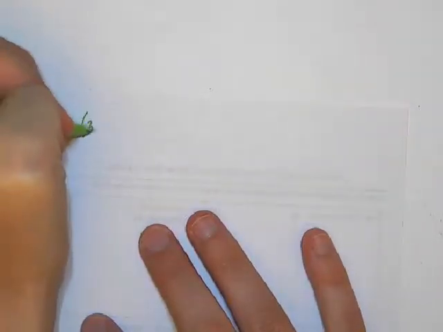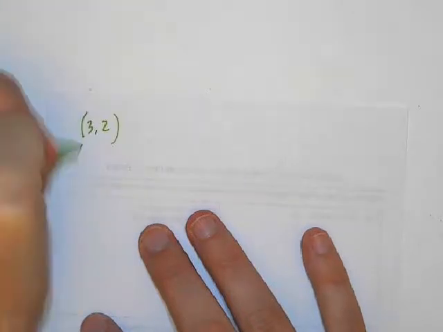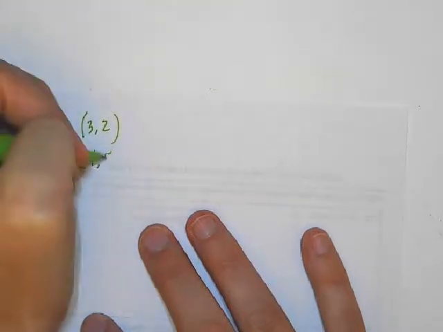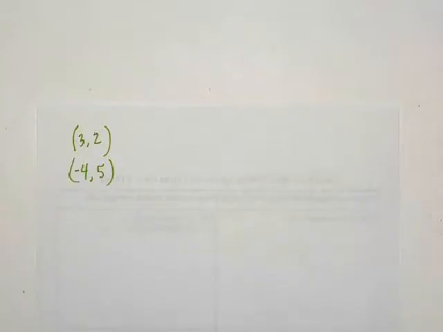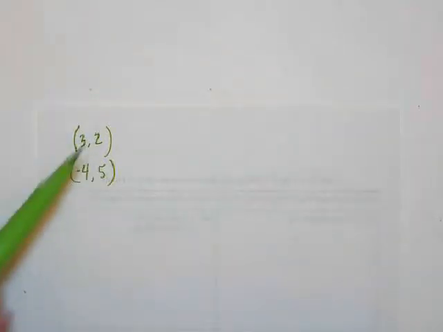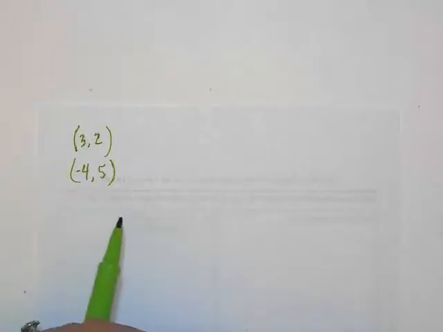You can see points written as ordered pairs. Let's say 3 and 2 and -4, 5. Let's say these are our 2 points. How else can you see points written? On a graph.